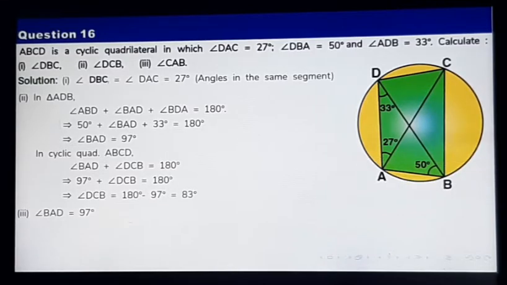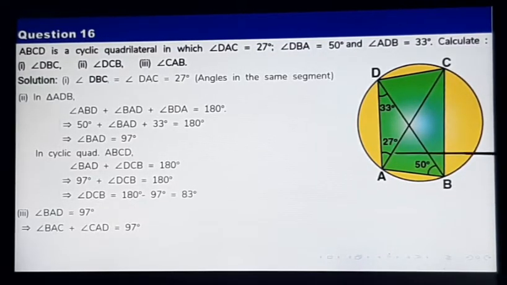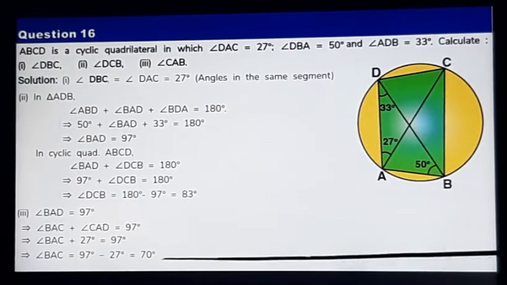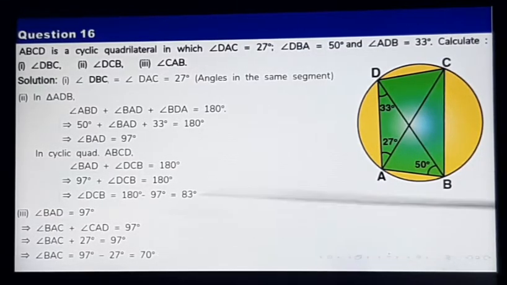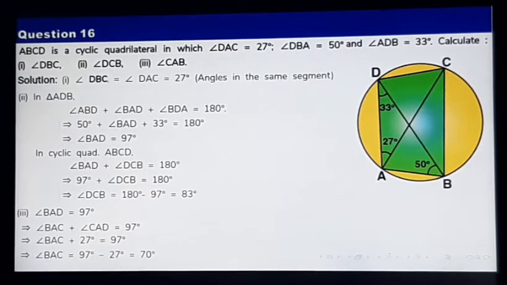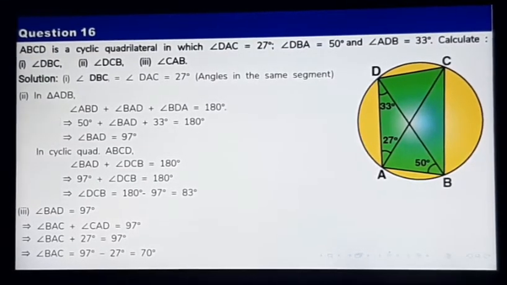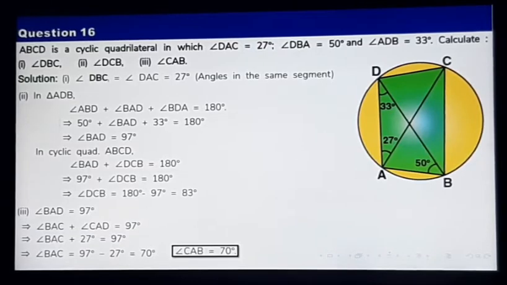Now this BAD can be written as BAC, that is this, plus CAD, right? Okay, now let us put the value of CAD, because we already know CAD, which is 27 degree. So from here we get BAC equals 70 degree, that is BAC means CAB. So my value for angle CAB turns out to be 70 degree. So pause the video to note down.